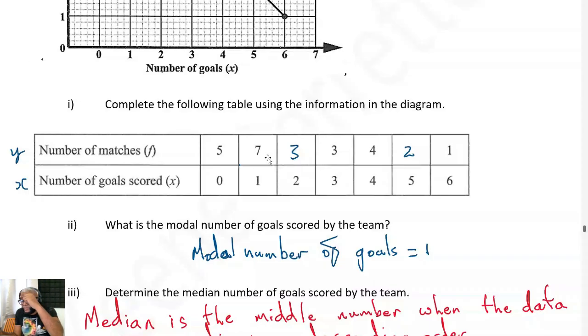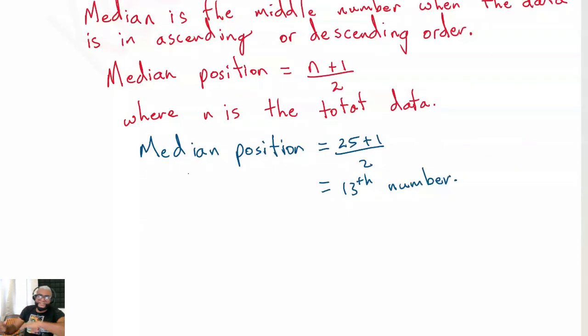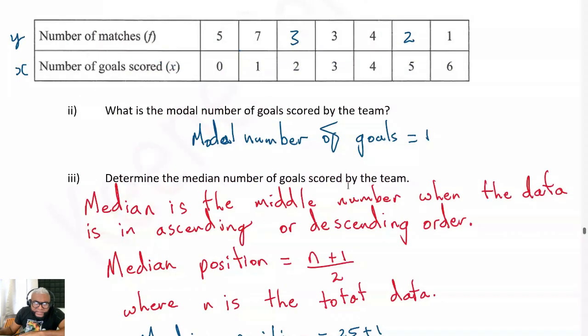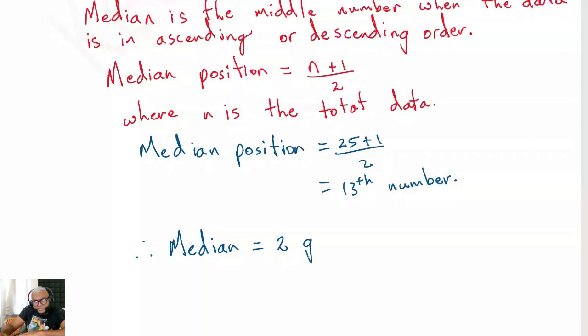So your first 12 numbers will be zeros and then ones. So your 13th number is going to be a 2. Excellent. Therefore your median is equal to 2 goals.